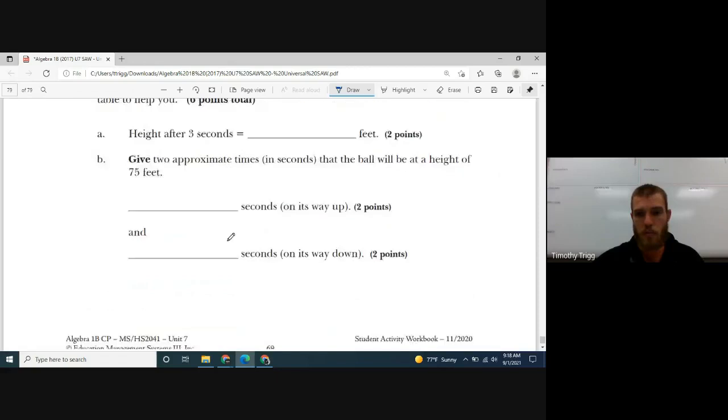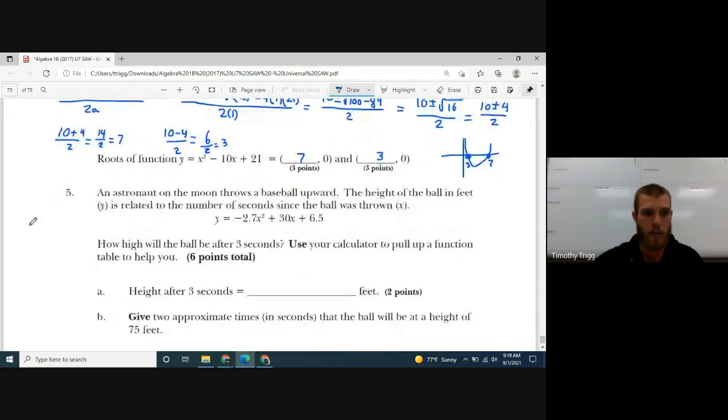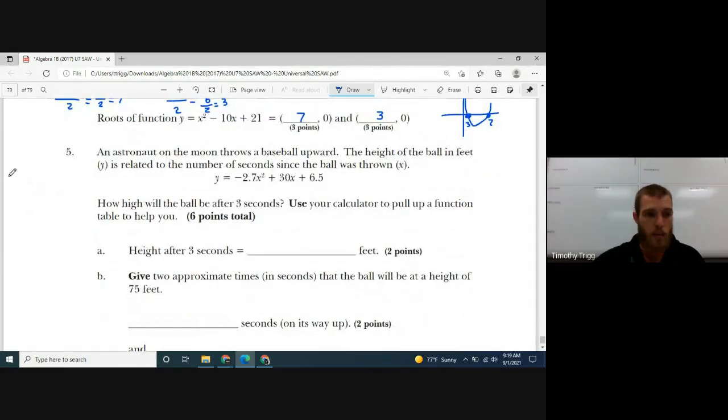There's not much room to write this work, but I'm going to try to write it over here on the left. So it's going to be y equals, and I'm going to write this equation, but replace the x with 3. So that's negative 2.7 x squared, so that's going to become 3 squared, plus 30x, so that's 30 times the x value, which is 3, plus 6.5.